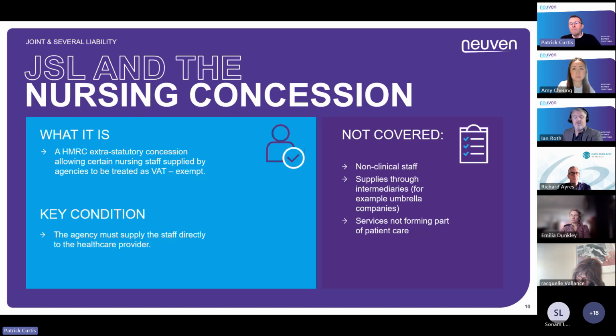It would be possible to mandate the use of companies further down the supply chain, umbrella companies as we traditionally call them, and therefore the relevant party becomes the employment agency, and the end client is potentially out with the legislation and not liable. This is not possible for healthcare providers who are taking advantage of the nursing concession.